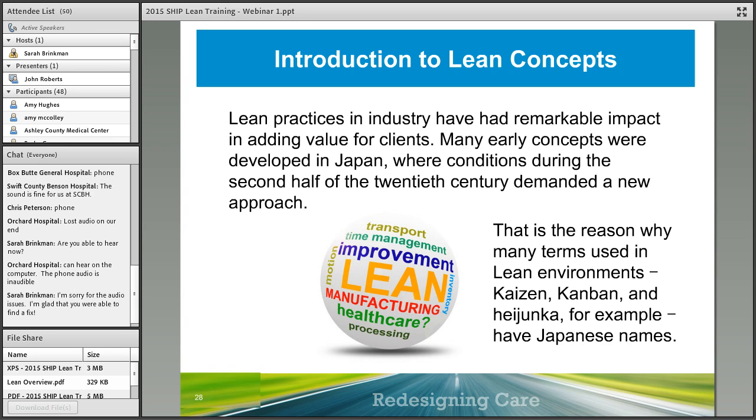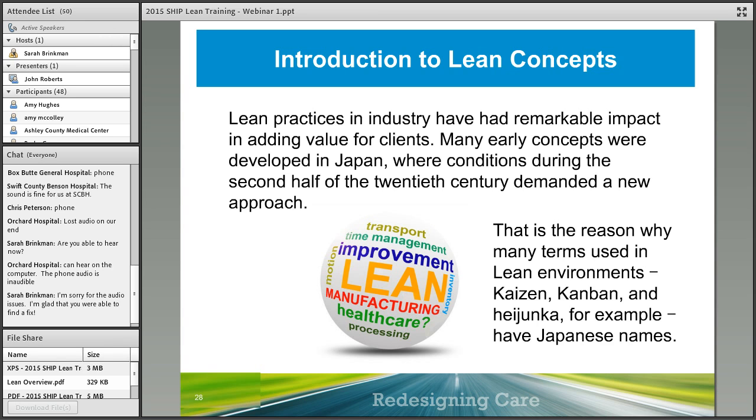And so you can go back and see that while it's a fairly new concept to U.S. healthcare providers, many of its core roots have been back several decades now.